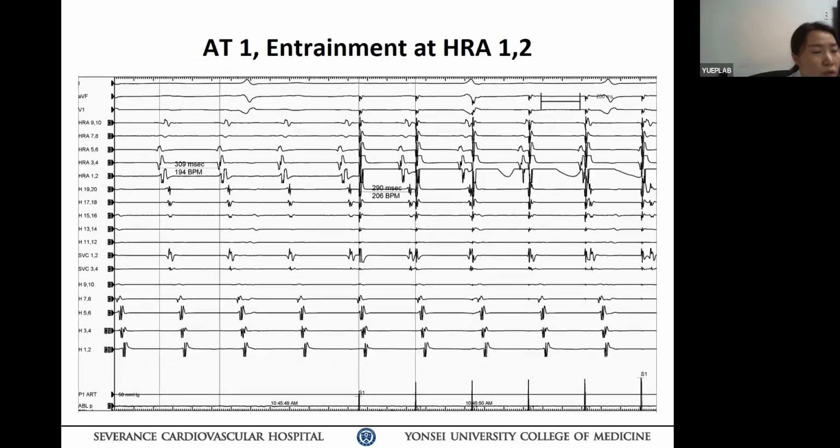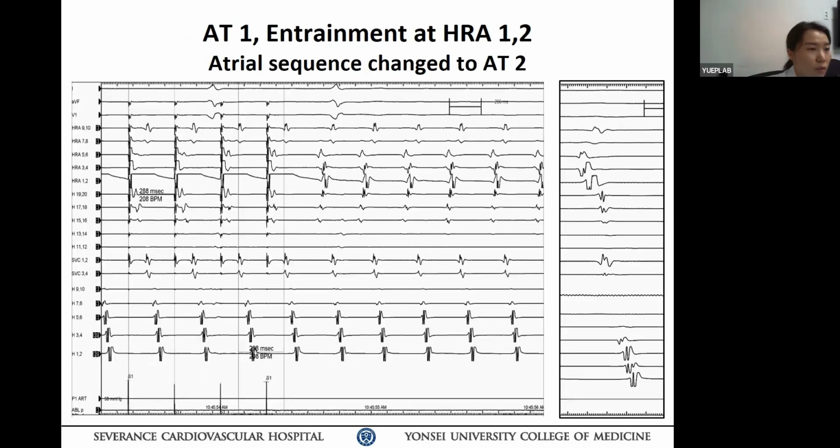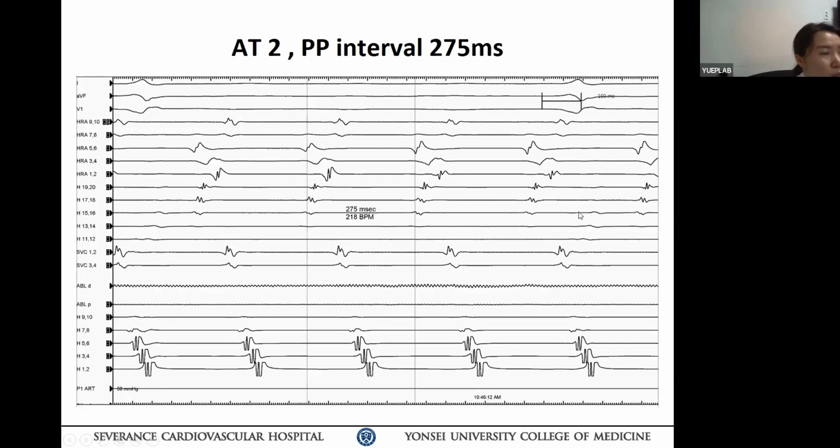And we tried to entrain at the high RA 12. When we started the entrainment, the activation sequence changed to AT2. The proximal part of the CS changed. The PP interval of AT2 was 275 milliseconds.